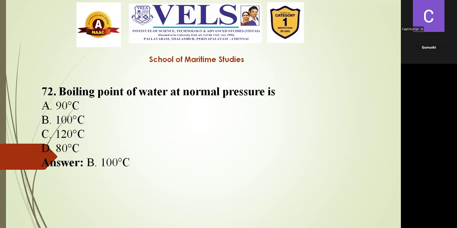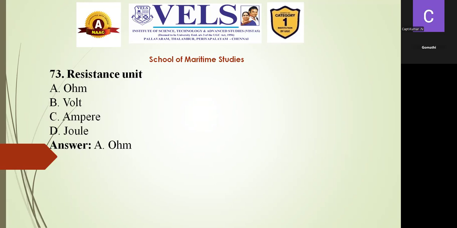Then the next question is: the boiling point of water at normal pressure is? The boiling point of water is 100 °C. When we heat the liquid to 100 °C, it attains its boiling temperature.